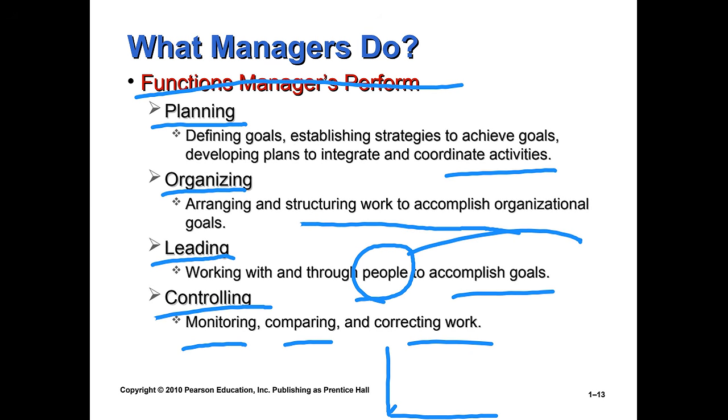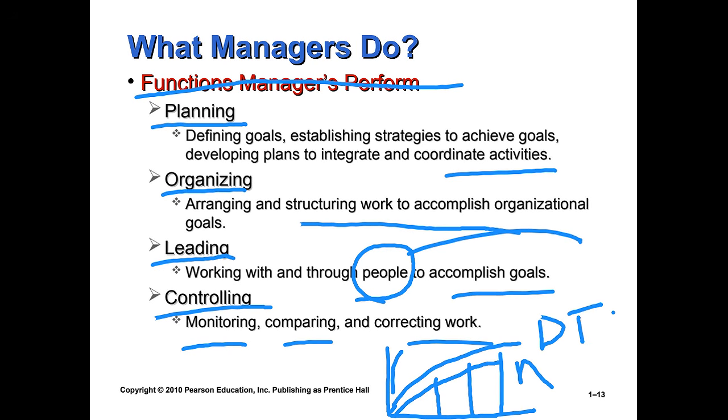They need to check if you are achieving those targets or not. So we make certain graphs. This is the desired target, and this is the actual target that you are achieving. This gap can be crucial for you to understand why there's a gap between these.